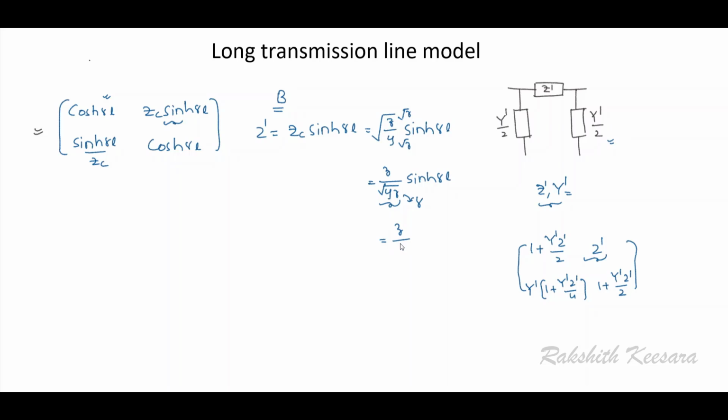So, Z by gamma sinh γL. Now I am multiplying the numerator and denominator by L. So this is equivalent to the total impedance of the transmission line into sinh γL by γL. Is this okay? I am erasing this.